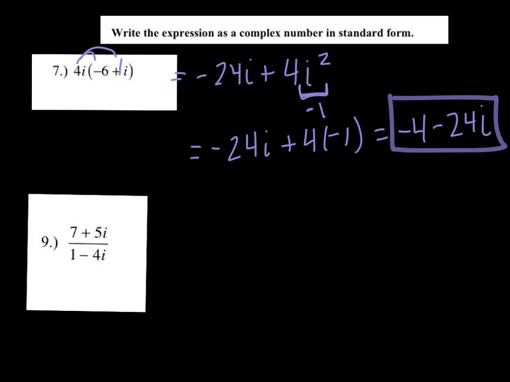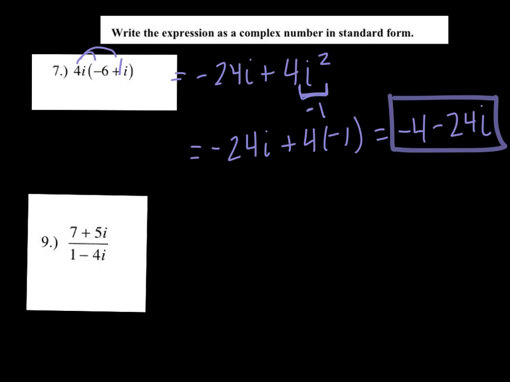So what about number 9? When we were talking about radicals, we said you cannot have a radical or a square root in the bottom of your denominator for it to be in standard form and to be simplified. The same goes for imaginary numbers. You guys can't have an imaginary value in the bottom of your denominator.